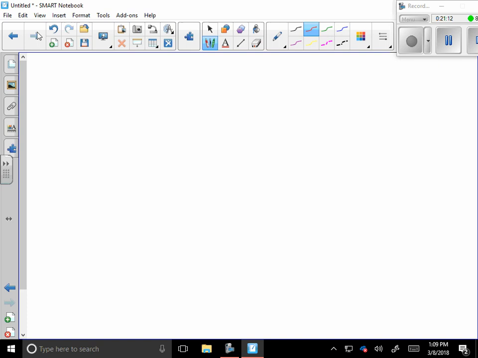So in this formula, the v sub 0 is the velocity it has at the top of the hill, at the beginning. The v underneath the radical is the velocity it'll have at the end.